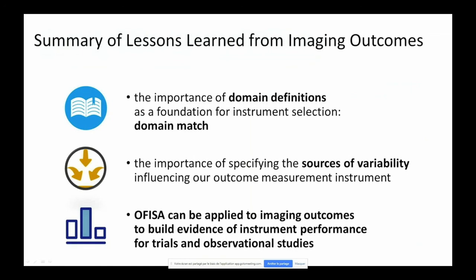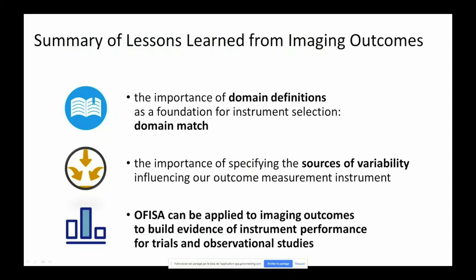And finally, the summary of this plenary is focused on the lessons that we can learn from imaging outcomes. The first is the importance of domain definitions as a foundation for instrument selection, so the importance of domain match.